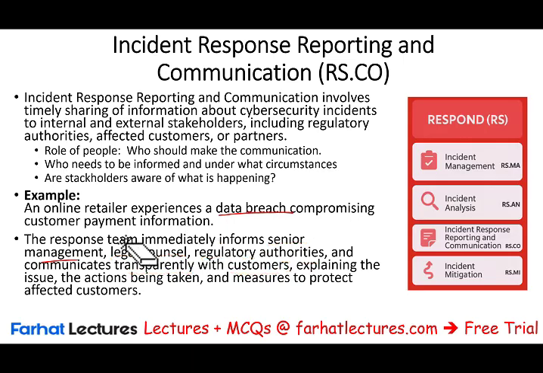I believe what Target did, they offered their customers some sort of credit protection, to make sure they can monitor their credit for the next 12 months or something like that. The point is, a data breach occurred. Do we know how we are going to report this incident and communicate it to relevant individuals, internal and external parties?